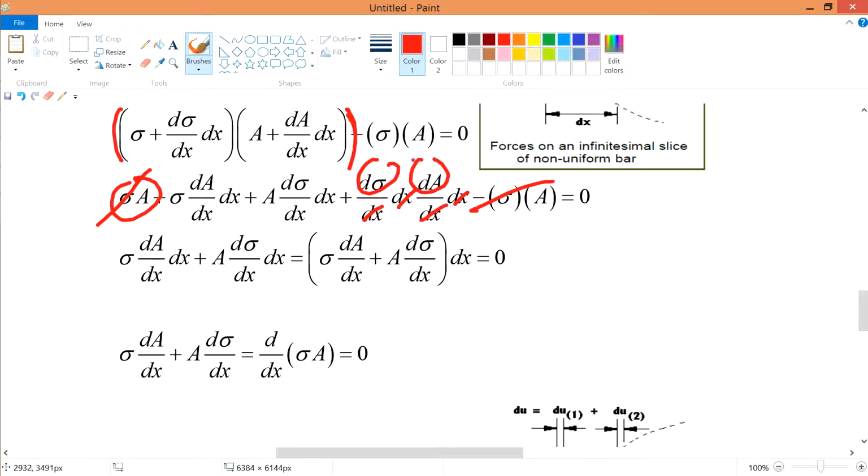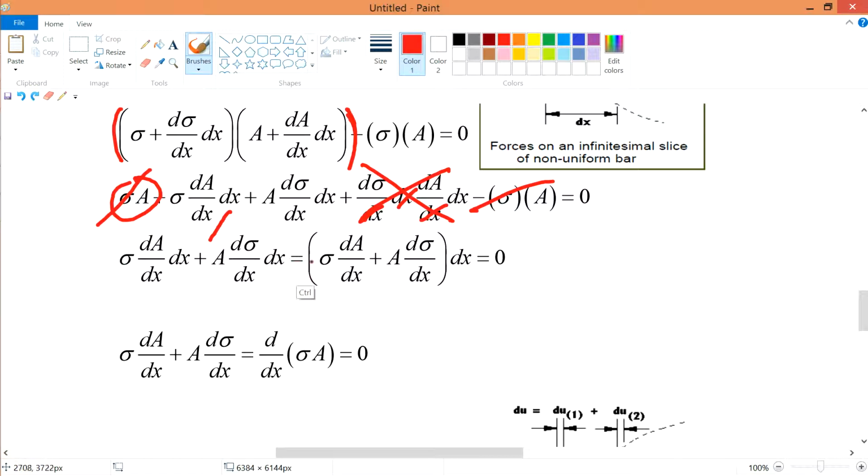This is a second degree small number, like 0.01 times 0.01, a very small number. As for here, this is just d sigma times A, like 0.01 only. So comparatively this one is much larger than this one, and in such a case we can ignore it. So what you have here is only this thing.